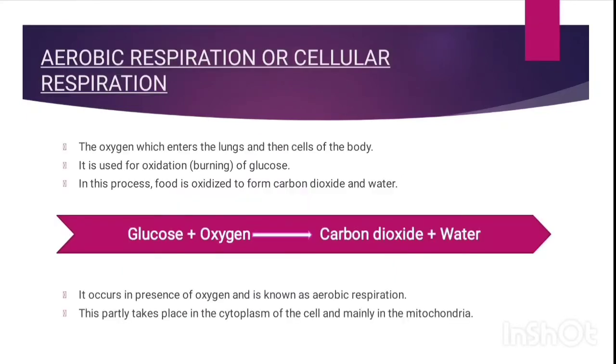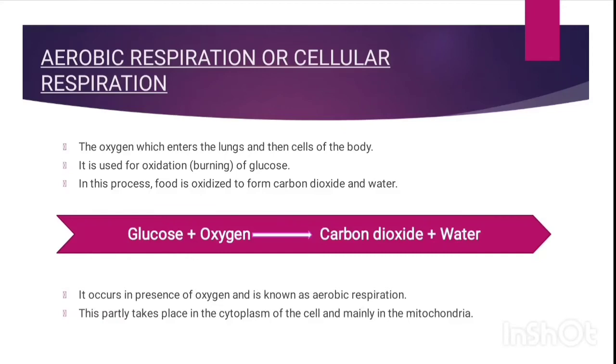Aerobic respiration or cellular respiration. The oxygen which enters the lung and then the cells of the body is used for oxidation or burning of glucose. In this process, the food is completely oxidized to form carbon dioxide and water.